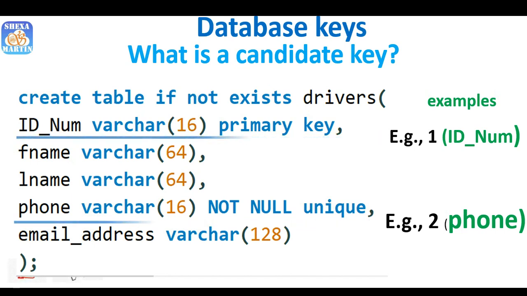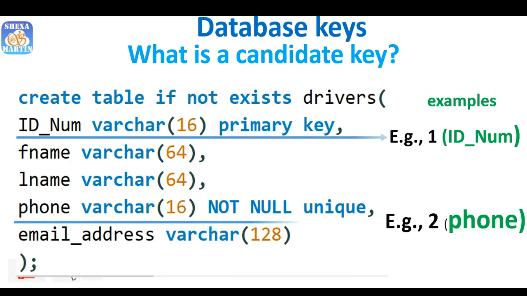But now we have another candidate which is email address. No two drivers can share the same email address, but from our definition here we didn't define it as unique. So two drivers or more can share the same email address.